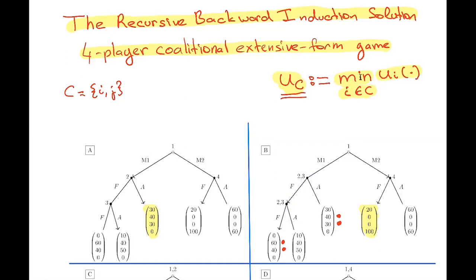Anticipating this collusion, player 1 would then choose M2, which leads to the outcome 20, 0, 0, 100. And this is the solution in step B.